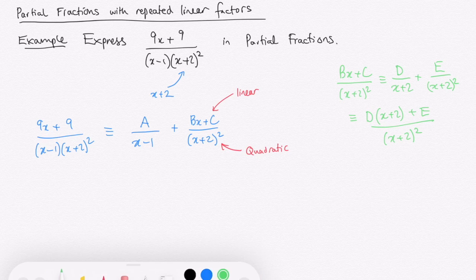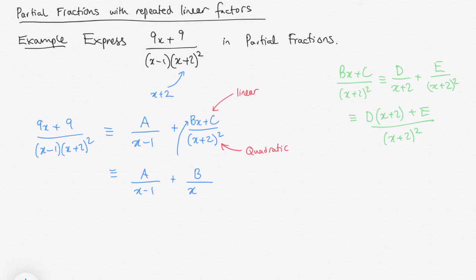So we can further break down our partial fractions in this case to a over x minus 1 plus some constant b, and notice I used d before, but this is just some unknown we need to find, so this is not the same b as this one, b over x plus 2 plus c over x plus 2 all squared.